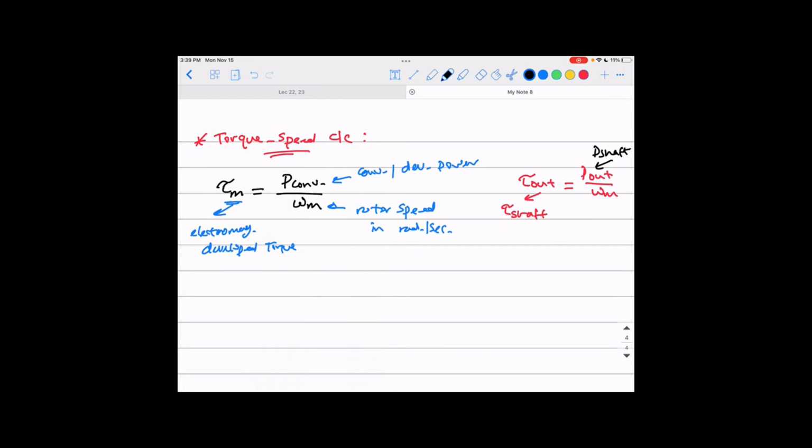So for the output torque, or the shaft torque, you need to divide the output power, the shaft power, by omega m, not the converted power. And you know, the difference between them is the friction and windage losses, your rotational losses. So P shaft, or P output, equals P converted minus P friction and windage. So this difference will make a difference in the torque.